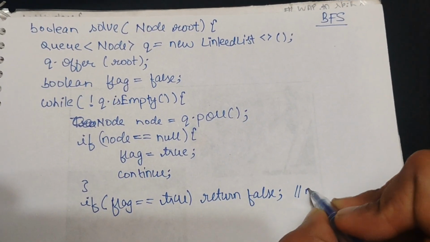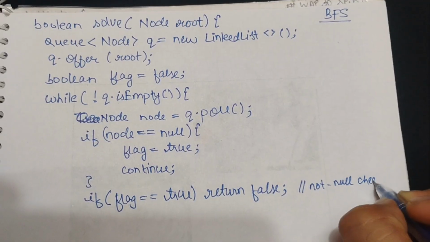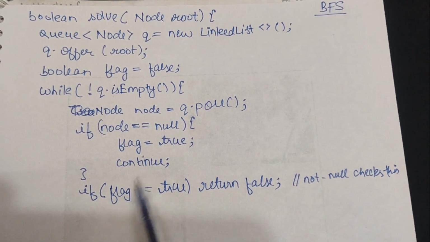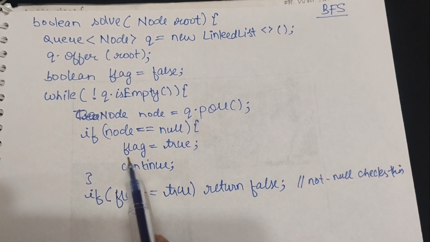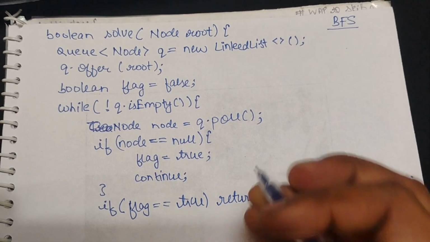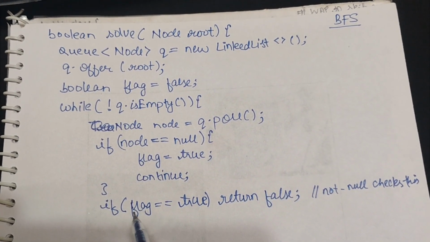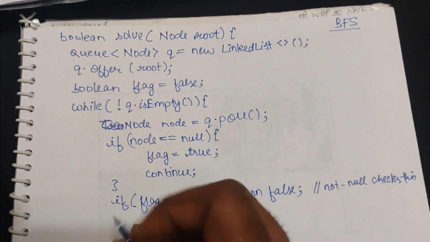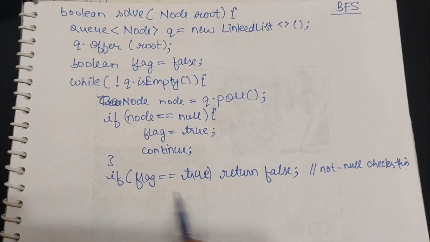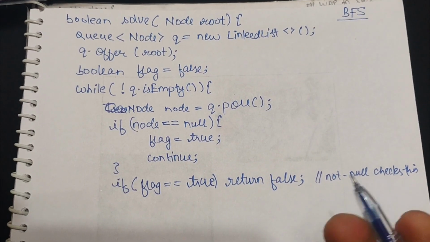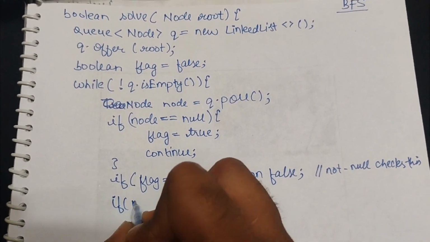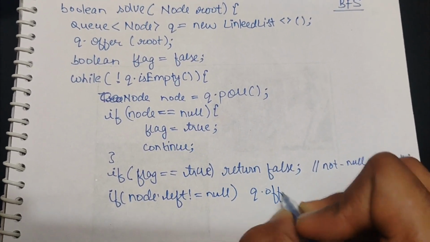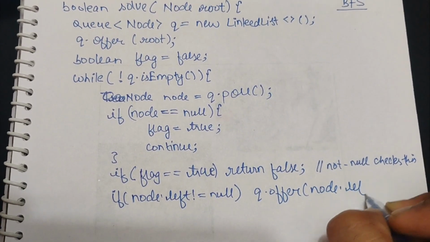I'll add a comment over here, not null node checks this, because if a node is null, I wrote continue, the code will not come over here, it will come back again to the top. If a node is not null, then only in that case the node will come over here in this statement. Now it will check if the flag is already true, that is, a null has occurred before, in that case return false. Now if this doesn't happen, that is, a null node is not present before a not null node, then check for its left and right. If node dot left is not null, then add it in the queue, queue dot offer node dot left.